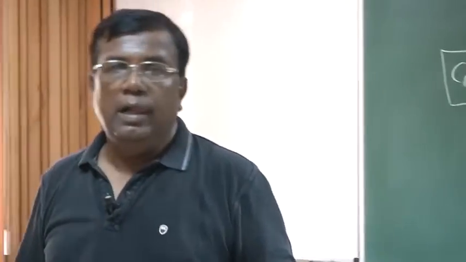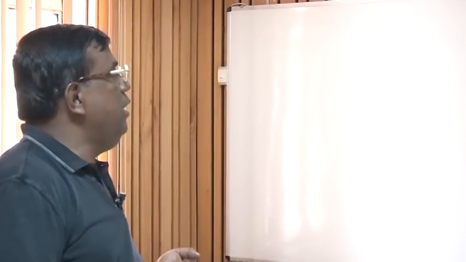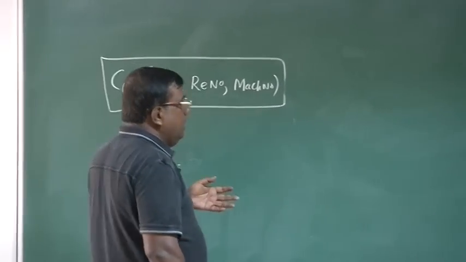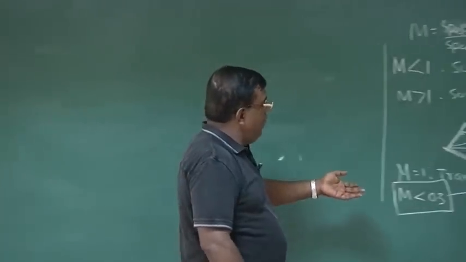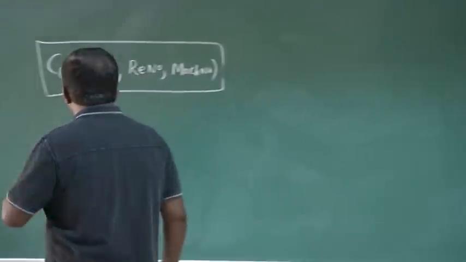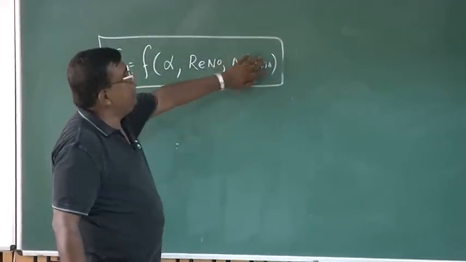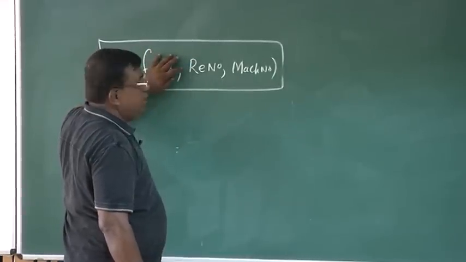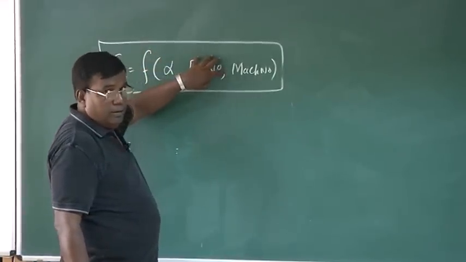And be careful. First identify what is the speed regime and which one is important, Reynolds number or Mach number. As we are doing here, for Mach number less than 0.3, it is incompressible. So if I want to model CL, I will not give weightage to this. I will know that CL will be a function of alpha and Reynolds number. That is important.